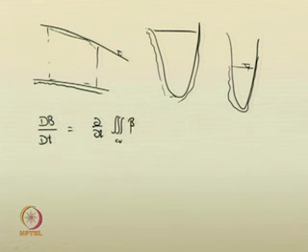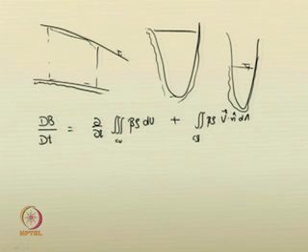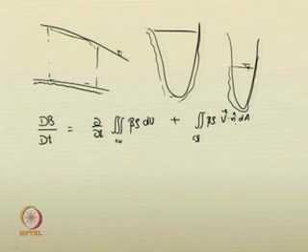So, in this control volume, if you use the Reynolds transport equation, please note that velocity has been represented in vectorial form, V dot n.